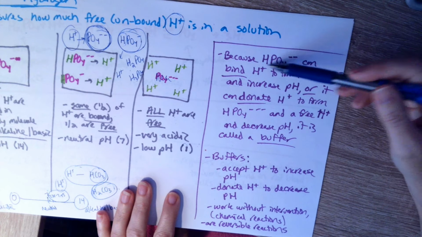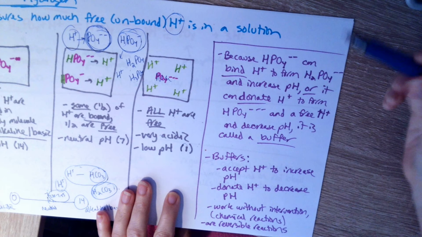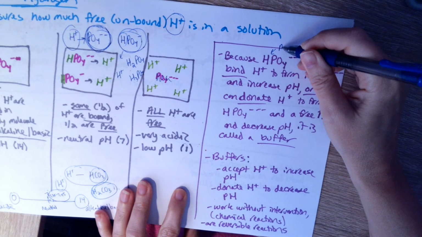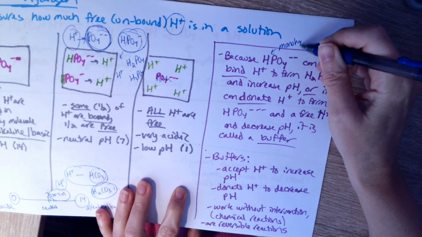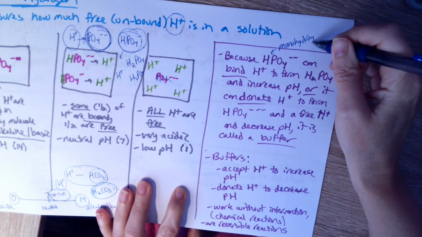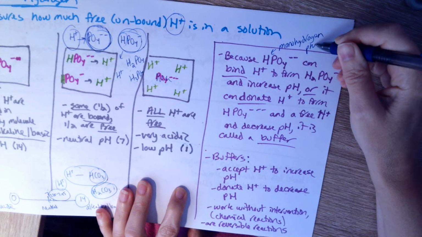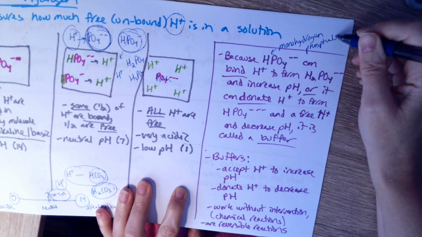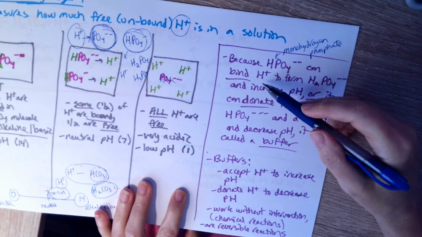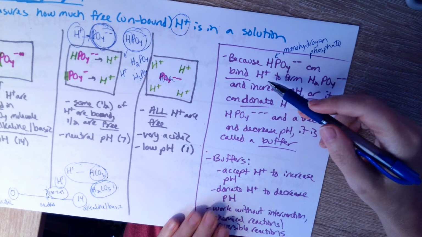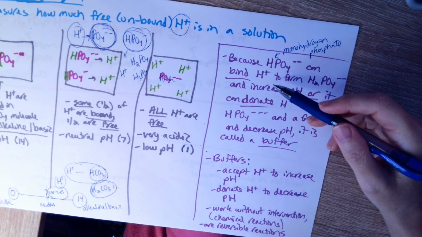So because we can have this HPO4, which is called monohydrogen phosphate because there's one hydrogen on it, that can bind the hydrogen or accept a hydrogen if we're too acidic and we need to make the pH higher.